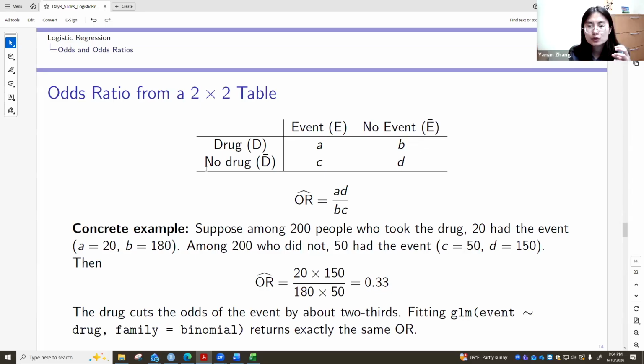Similarly, for the other 200 people who did not take the drug or took some placebo, about 50 had the event and another 150 didn't have the event.